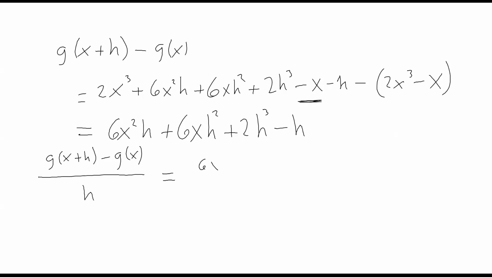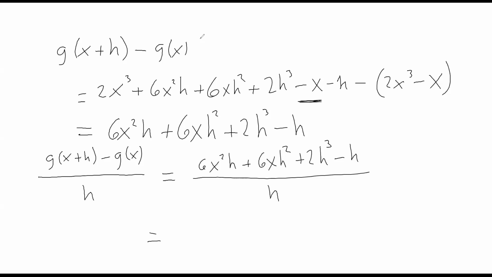So we have 6x squared h plus 6x h squared plus 2h cubed, minus h, all over h.